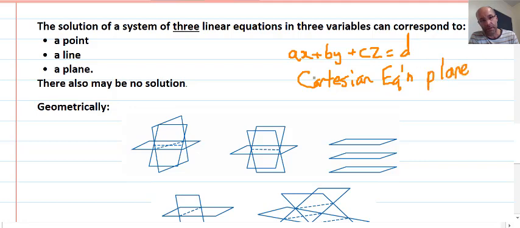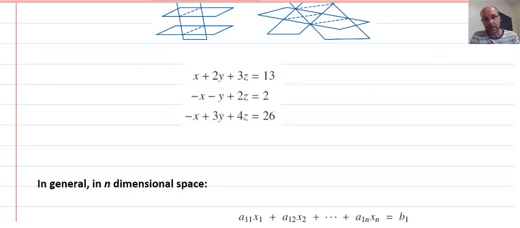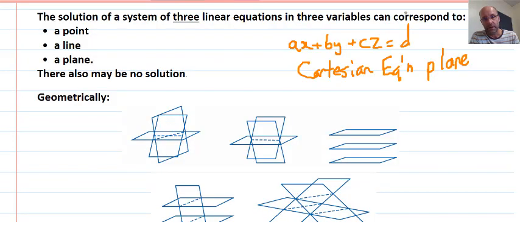So you can see that there are 3 equations and 3 unknowns here, and each of them is an example of one of those. So these are 3 planes here. Now the possibilities are listed here.